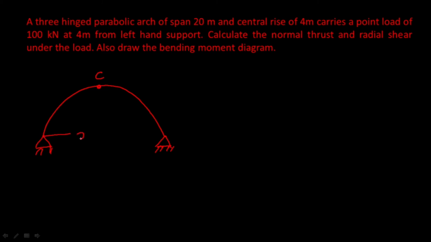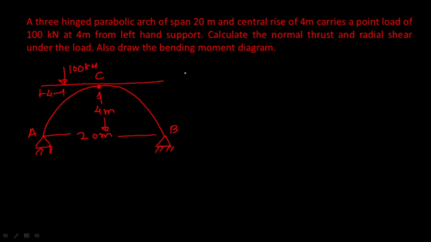This span is 20 meter and this rise is 4 meter. Now this arch is subjected to a 100 kN load at 4 meter from the left hand support. So this is the load 100 kN and the distance is 4 meter. This is A and this is B.